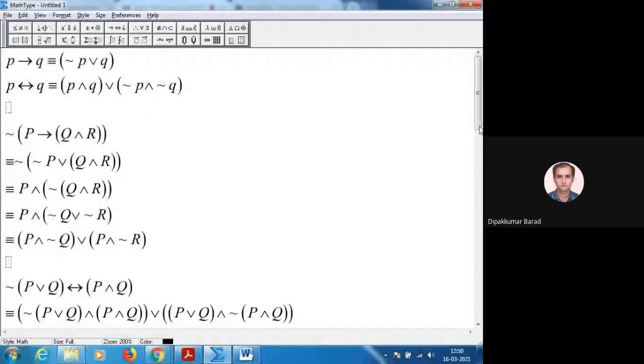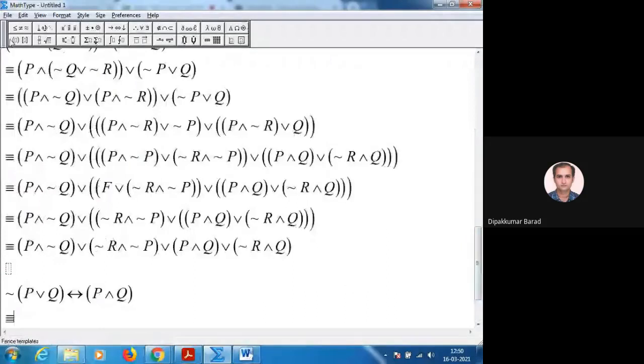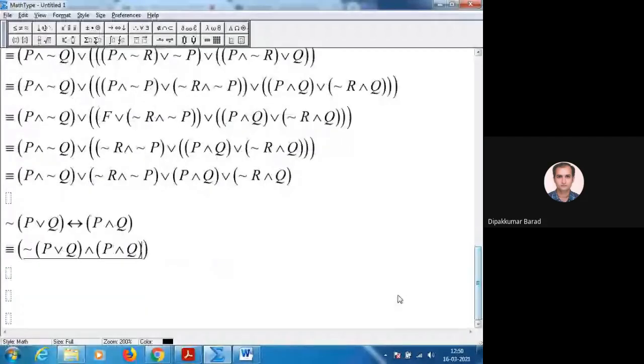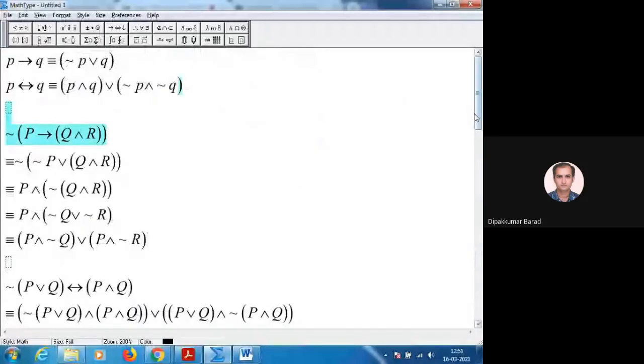So P and Q, this one I write in bracket, and this is my P, and then and this one is my Q. So this is (P and Q) or (not P and not Q). Okay.